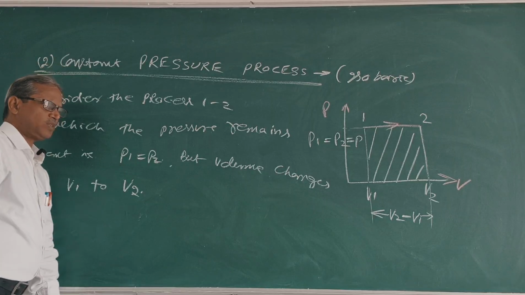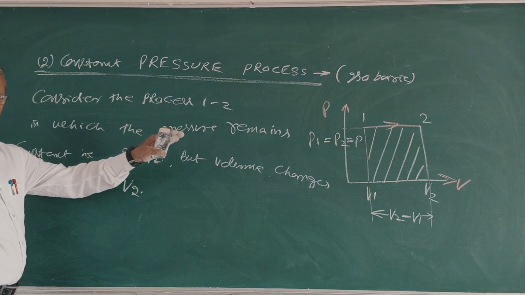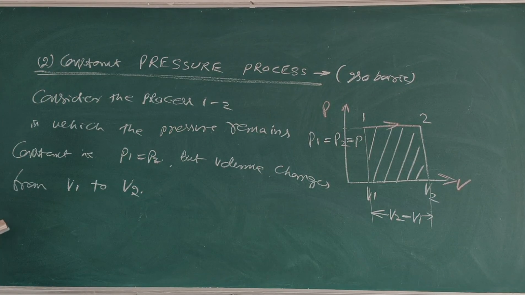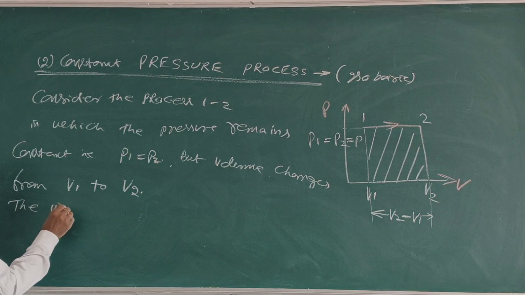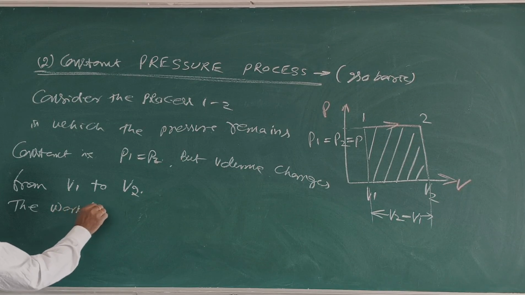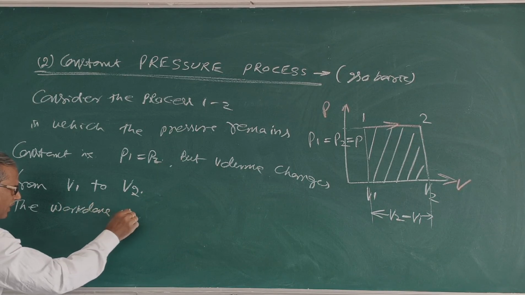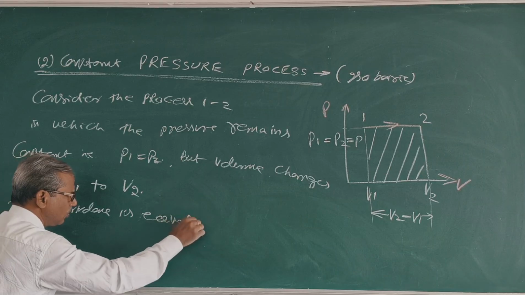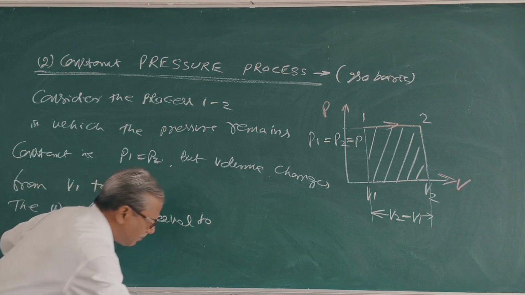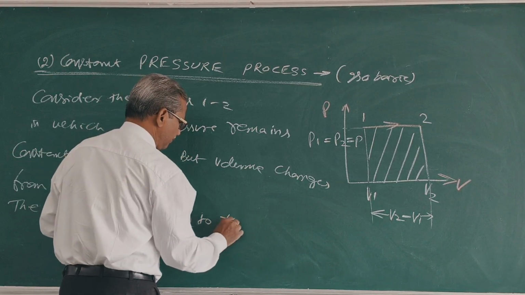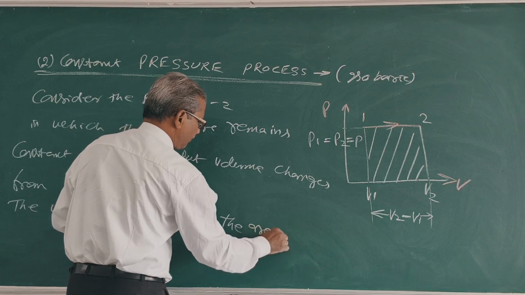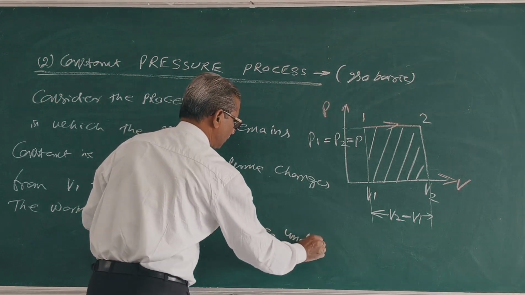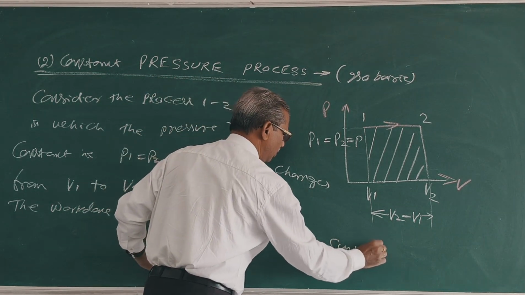What is work done? Area under the curve. The work done is equal to the area under curve 1, 2.